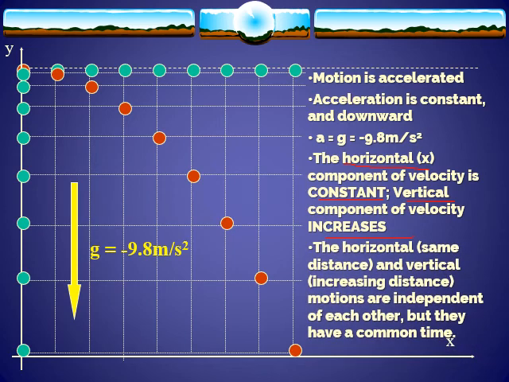Next, let's also take note, in terms of distance naman, horizontally, per second or per time interval, they travel the same distance. But kung titingnan natin ang vertical motion naman ng isang projectile, okay, nag-i-increase ang distance niya per time interval because they are independent of each other. But of course, even though they are independent, they always use the same travel time. Okay, so yun ang mga points that we take from understanding projectile motion case 1.